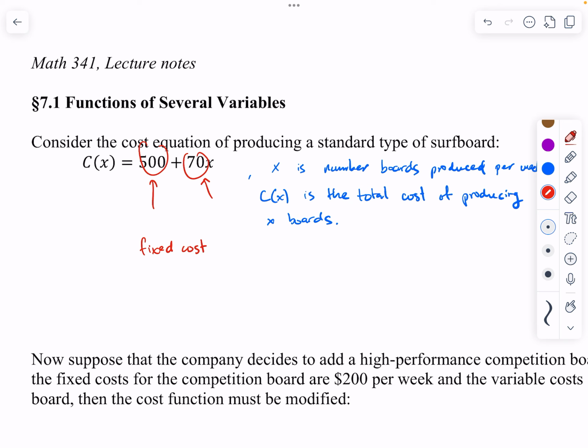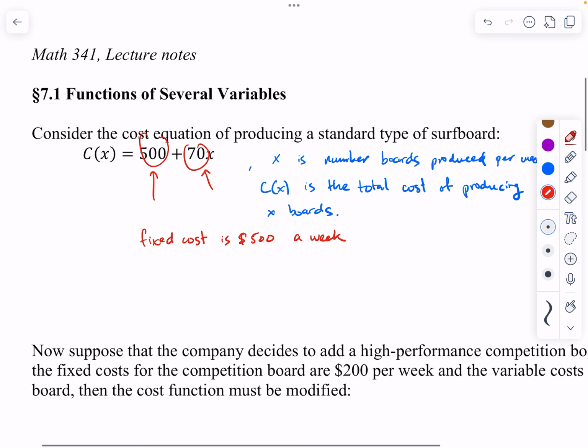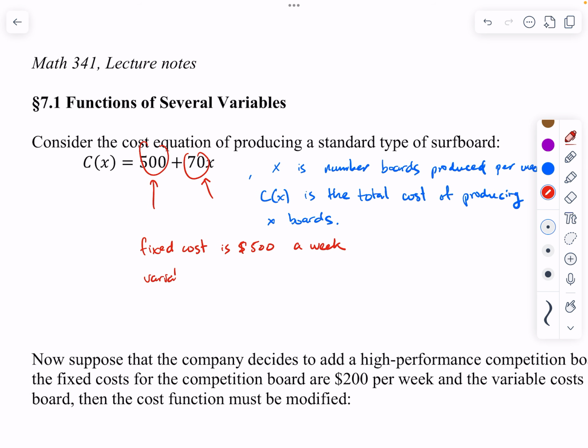So fixed cost is 500 a week, and the variable cost is 70 per board. So the equation is 500 plus 70x.